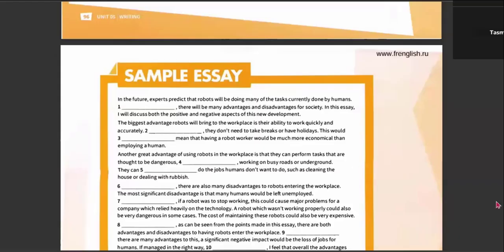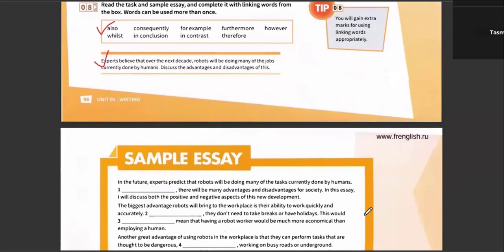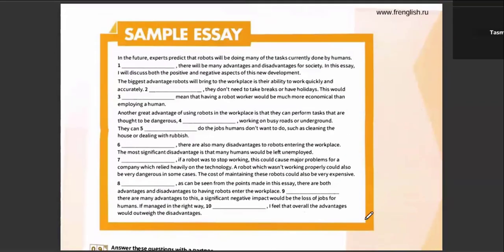So this sample essay sums it all up by adding the linking words that should be used in the whole essay to make it even more impressive.